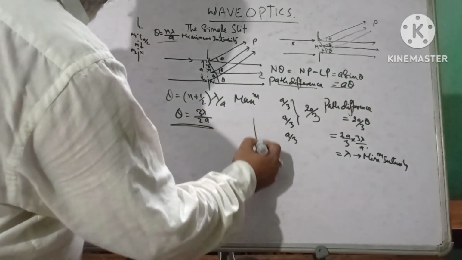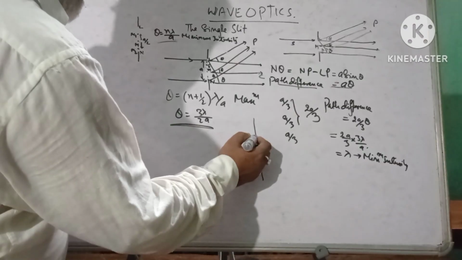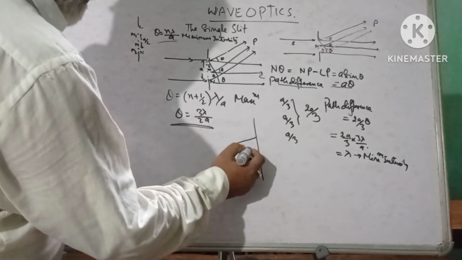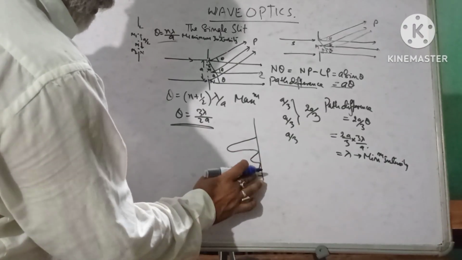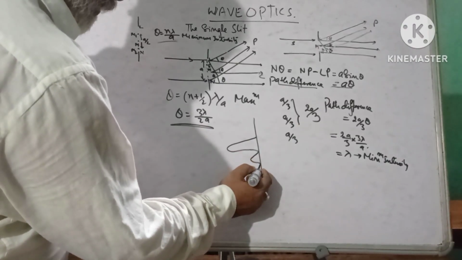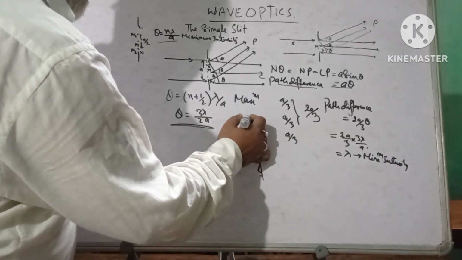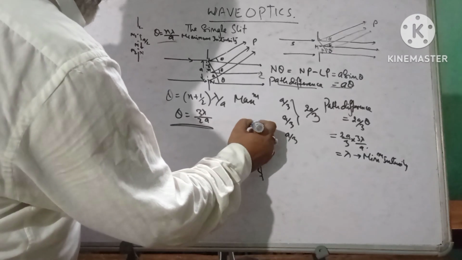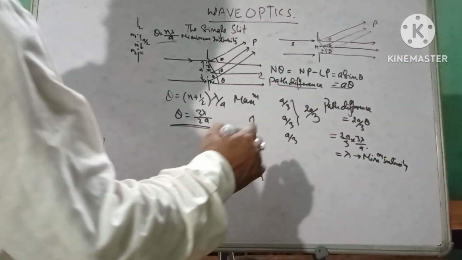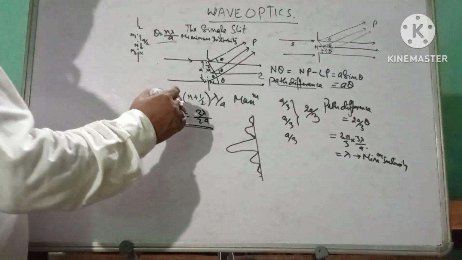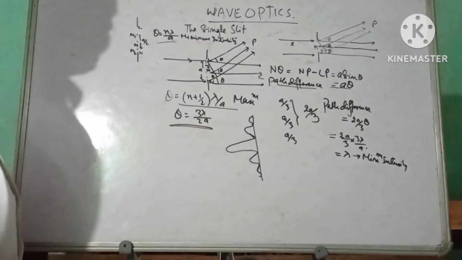So here we are getting a graph. The output is like this. At the center C we get maximum intensity, and after that you see the intensity decreases, and the amplitude decreases further. We know this part is a maximum, but why does the amplitude decrease?